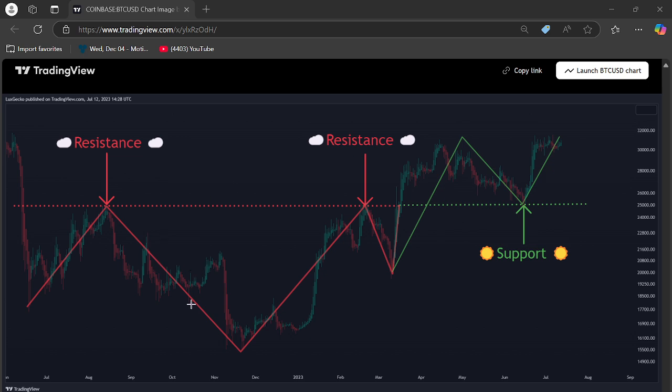And obviously, if you are a support and resistance trader and you only trade through support and resistance, you would eventually, right here, go into a put option, or you would sell your stocks, and then you wait until it comes here to retest the support line.